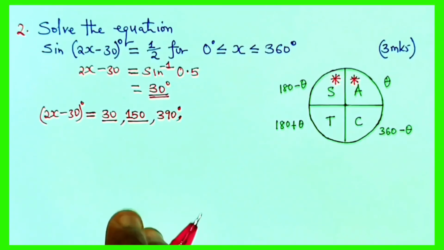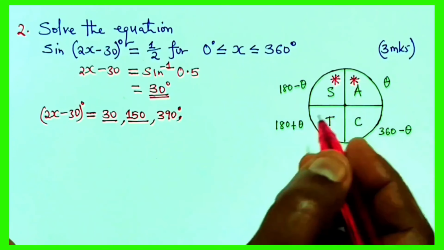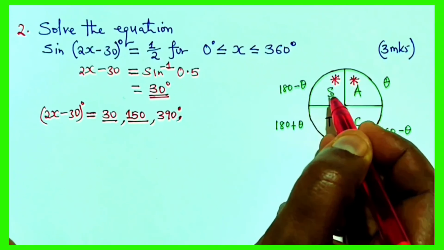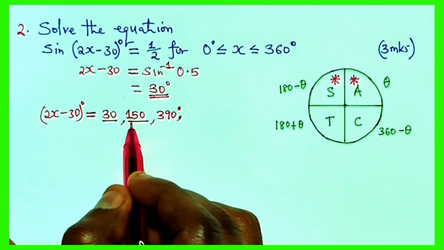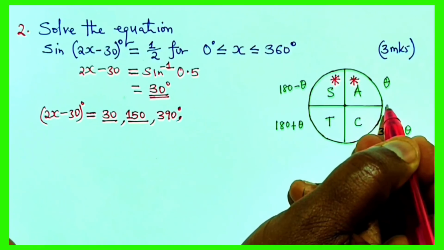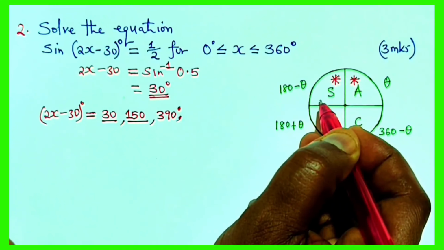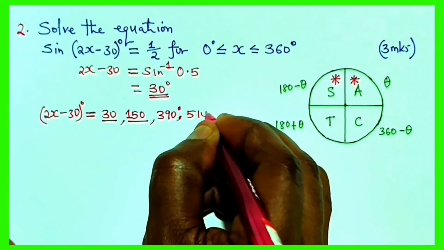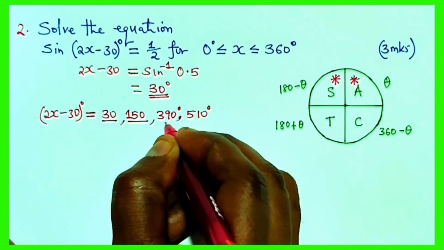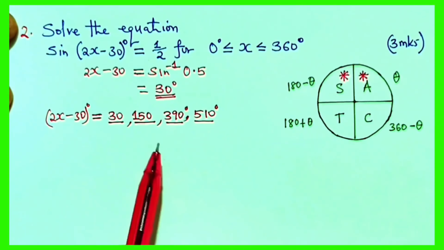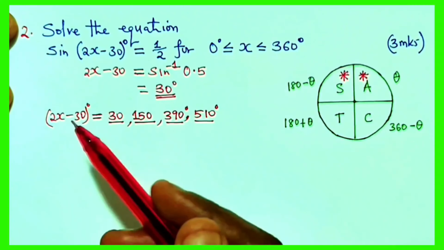And then after 390 degrees, the next angle will be found in the second quadrant. So we already had 150. We can consider that this will be 360 plus 150 degrees here, which will lead us to getting 510 degrees. Now that we have these four angles, it can be more depending on what we want to get.